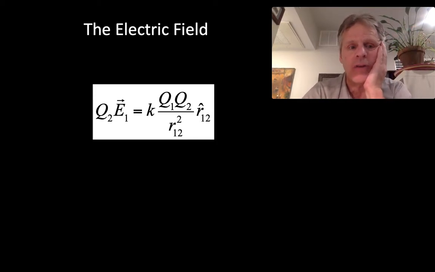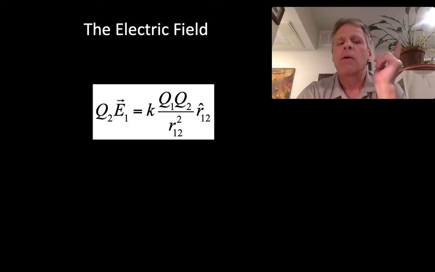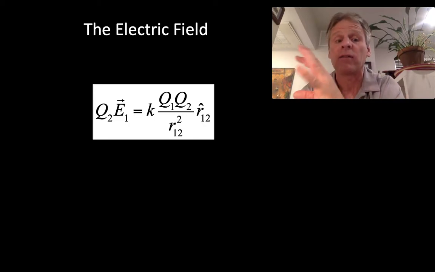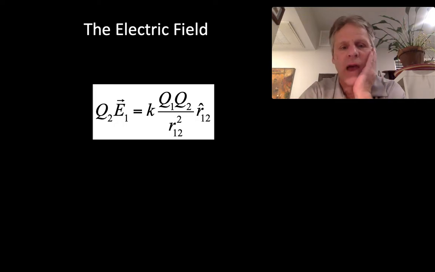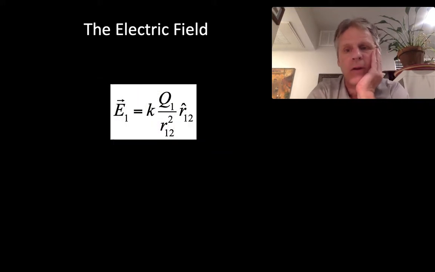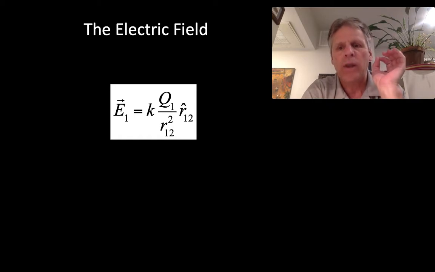And you will notice that the Q2 E1 on the left-hand side matches on the right-hand side. There is a k Q1 over r12 squared r12 hat times Q2. So we can just divide those Q2s out and we end up with an expression for the electric field of charge 1. So this is the expression for the electric field of a point charge.